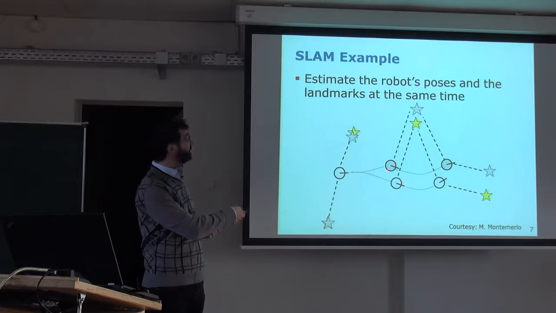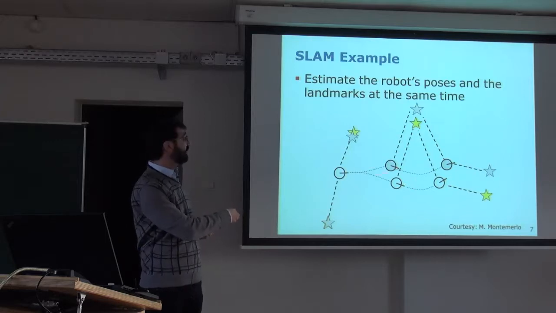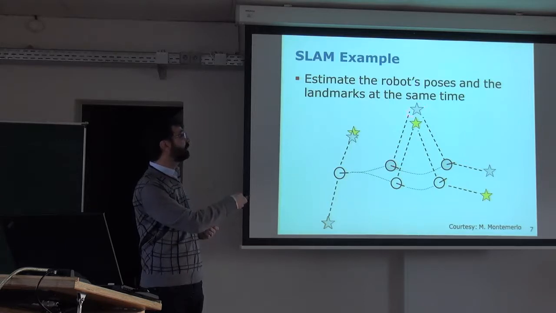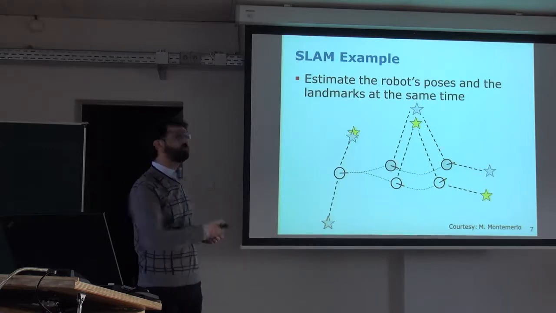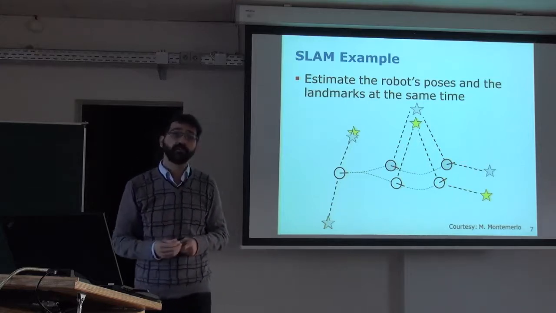But in this case, I have no information about that. So the only thing I can do is I can trust my measurement up to here. I can put a star here because that's what I'm observing. And then I hope that I will go around the star multiple times to somehow reduce the uncertainty in the pose and the uncertainty in the location of the landmarks.